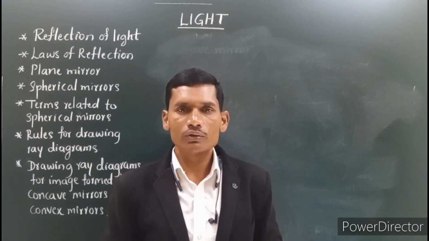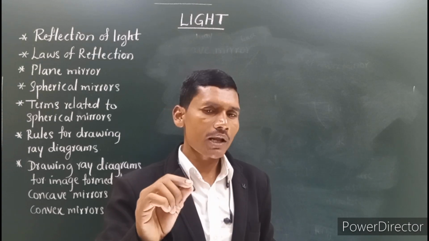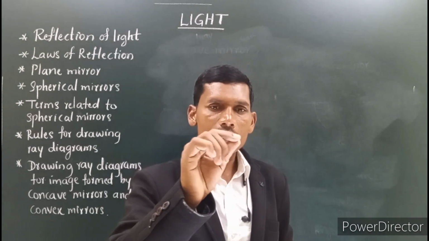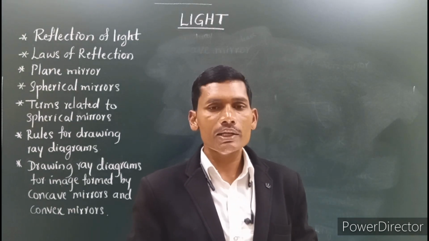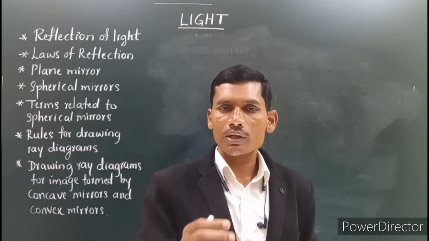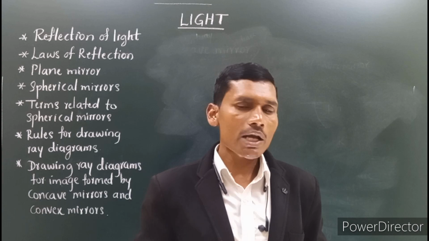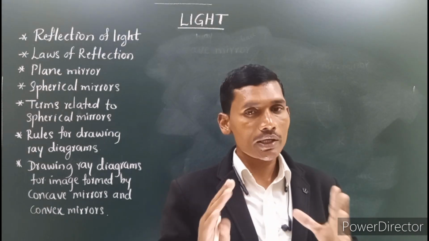There are some set of rules. When a ray of light is parallel, or passing through the focus, how it moves is practically tested, and based on that some rules are made. According to that, we draw the ray diagrams.